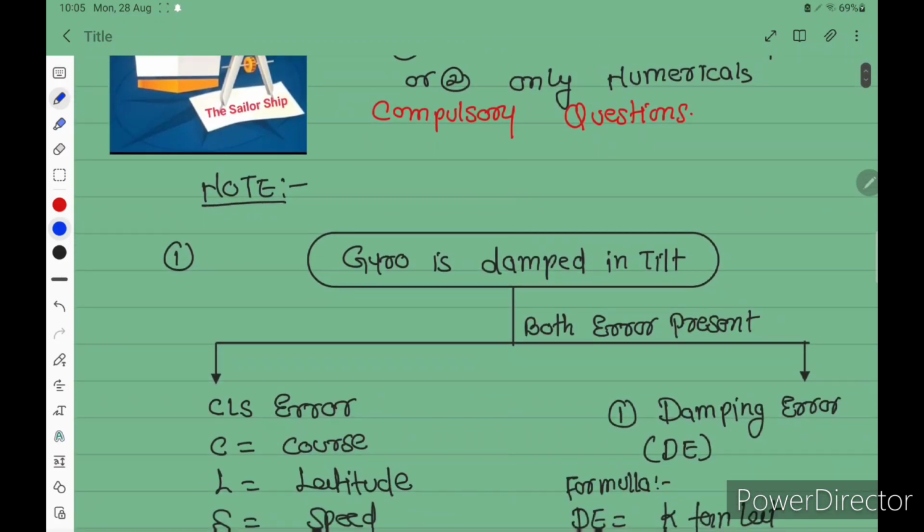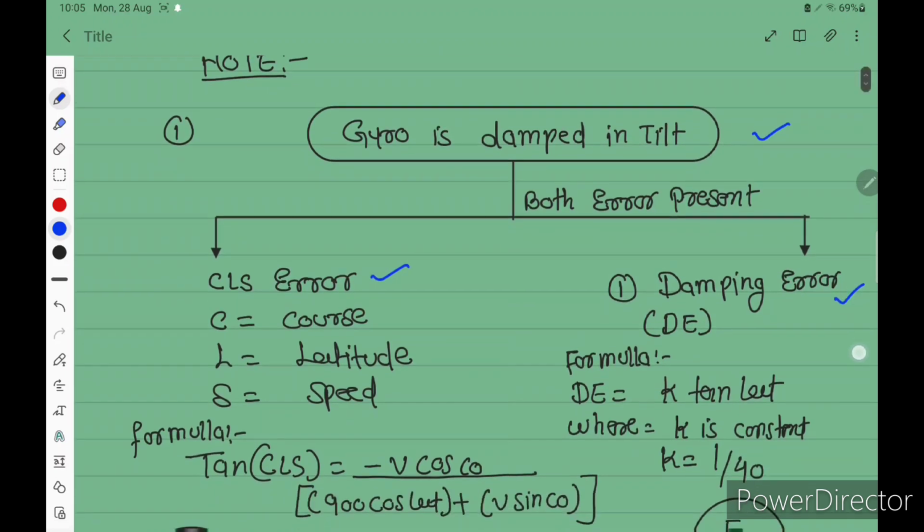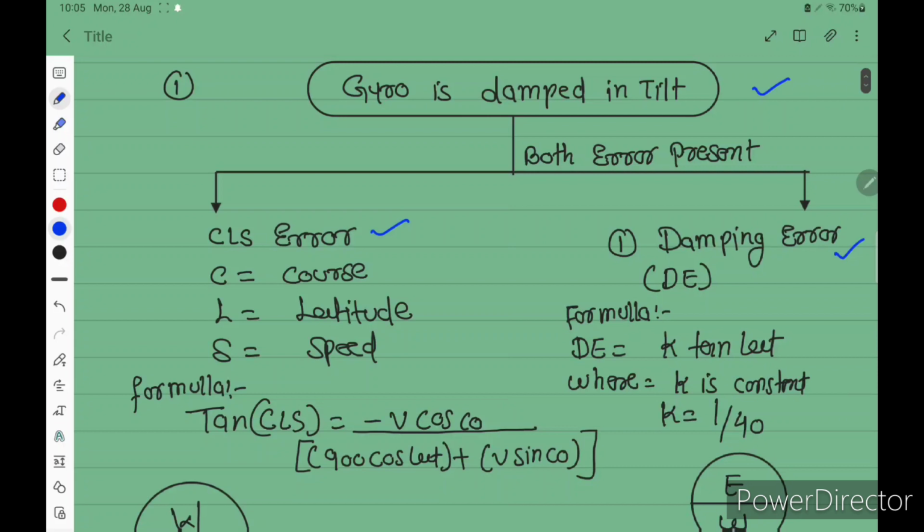The first formula: if the question says gyro is damped in tilt, that means both errors are present. Which two errors? One is course latitude speed error, CLS error, and the other is damping error. The CLS error formula is tan of course latitude speed error equal to minus V cos course divided by 900 cos latitude plus V sin course.